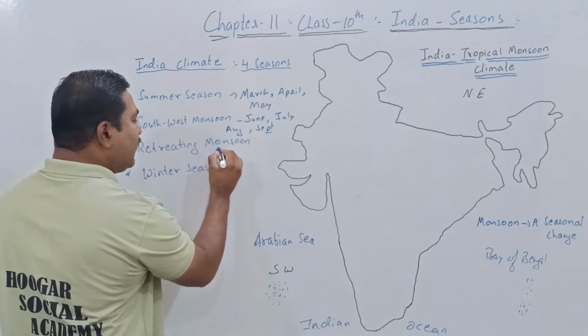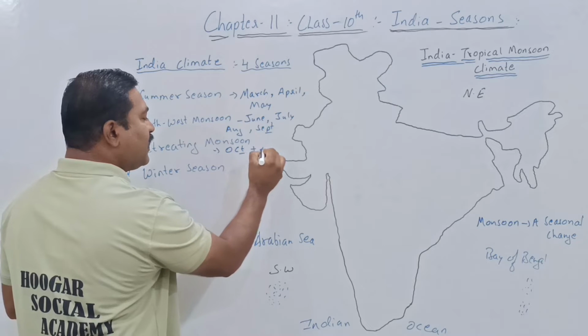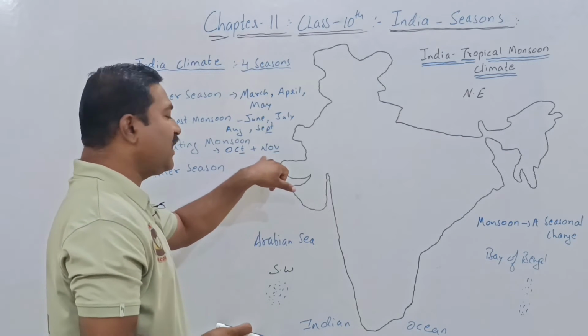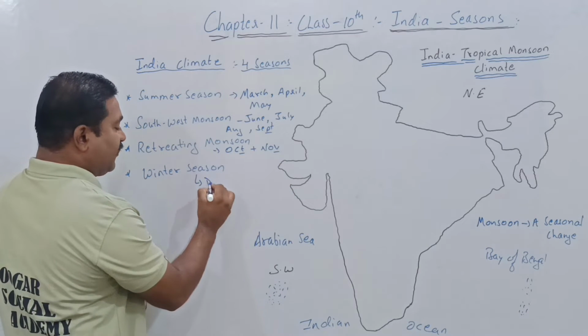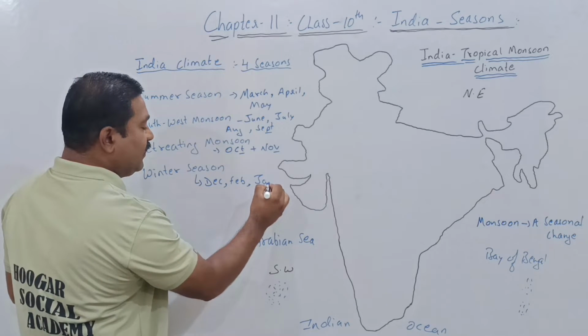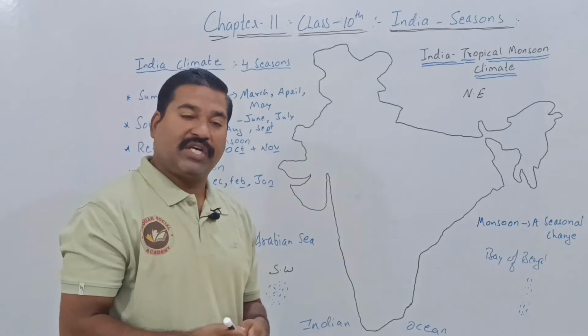When we come to the retreating monsoon, it is October and November. When we come to the winter season, it is December, January and February.